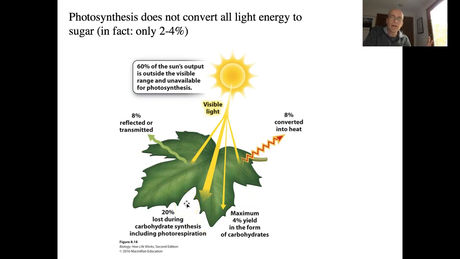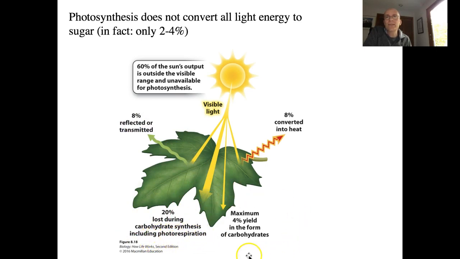So they're way out in either UV light, right? There's UV light inside what comes from the sun. There's some infrared. So that's all not even available to chlorophyll. Some of it is reflected and transmitted. Some is lost during carbohydrate synthesis, including from photorespiration.